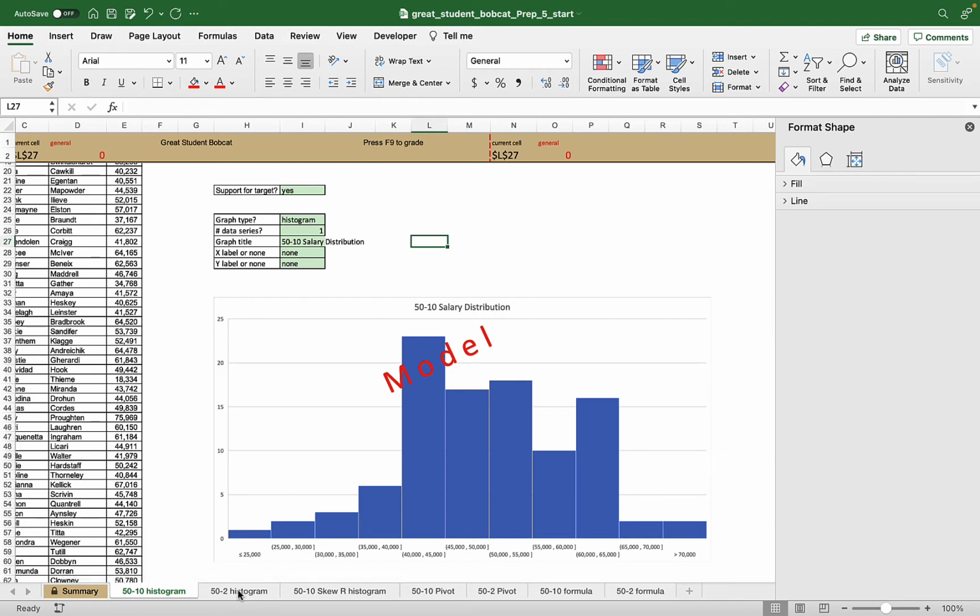Now, why make all this? I mean, who cares? You should care, because if you're going to go work for an organization, let's say that they tell you, well, our average salary is 50,000. You kind of want to know not just the average, you want to know this spread, right? How are salaries spread? In other words, what does this distribution look like?